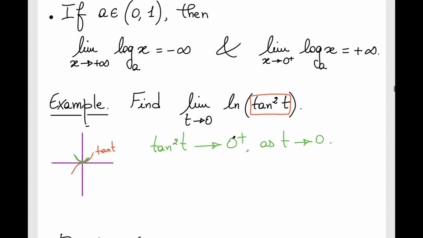Because this guy is approaching 0 from the right, ln of that guy is going to minus infinity. Make sense? One more time. As t approaches 0, this guy is approaching 0 from the right. So ln of something approaching 0 from the right, as we discussed based on the graph, is blowing down. That's going to minus infinity.